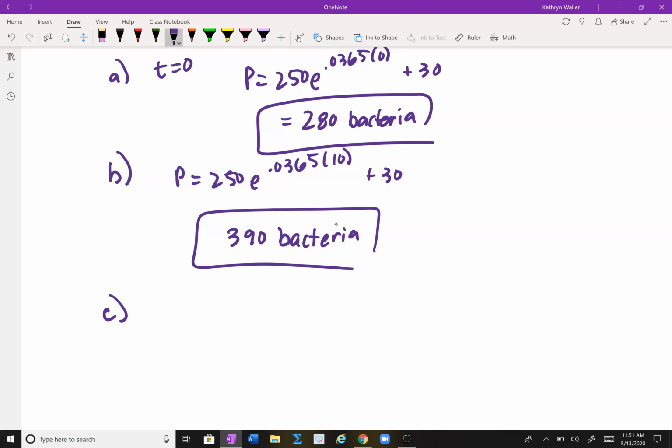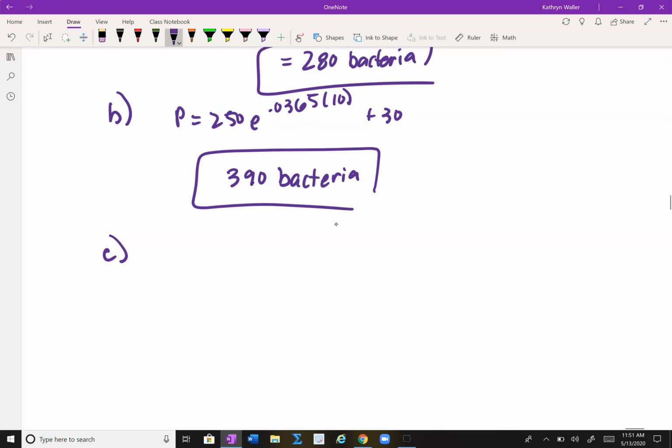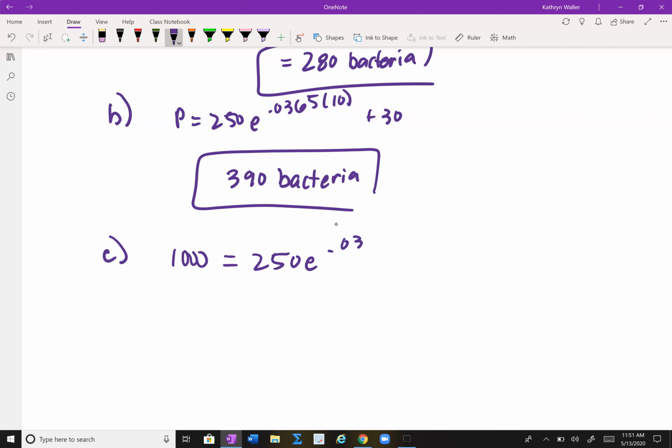Okay, question C. After how many hours will the population reach 3,000? Oh, pardon me, 1,000. So here's your formula, and that's where that 1,000 is going to go. So you have 1,000 equals 250 e to the 0.0365 t plus 30. Move your 30 over.